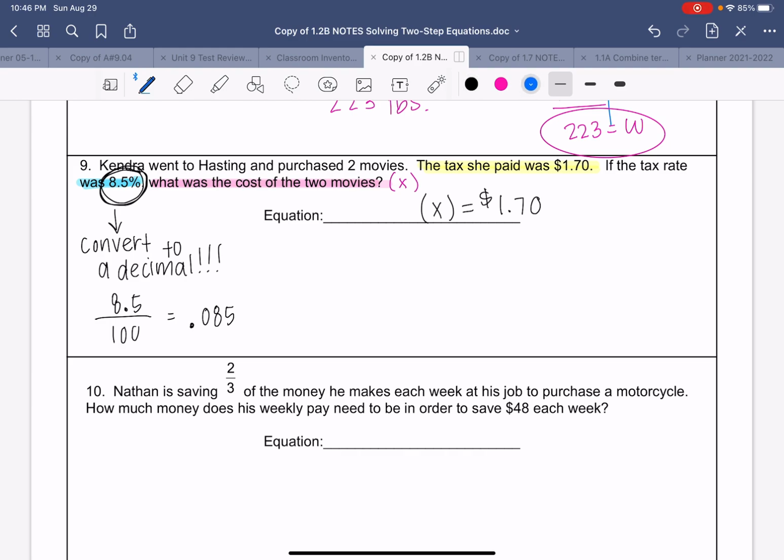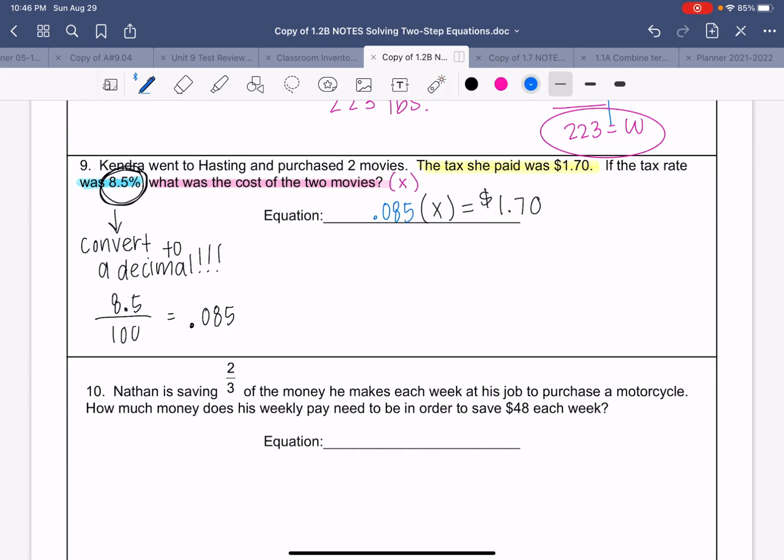So our tax rate is 0.085. When we multiply our cost of the tickets by our tax rate, it should give us $1.70 in taxes. So I have to figure out how much those tickets were.